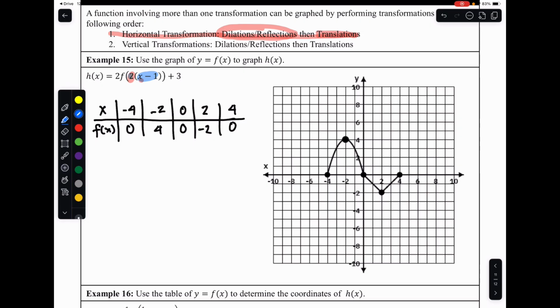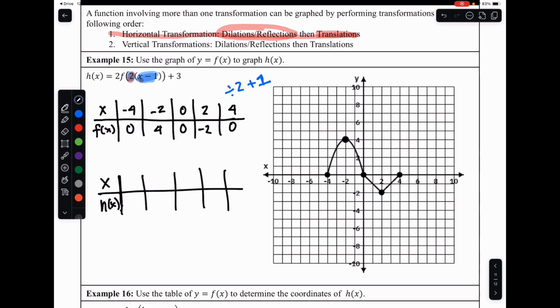We're going to divide all of the x values by 2, and instead of subtracting 1 from the x value, we're going to add 1. So opposite operations. All of our x coordinates will be divided by 2, and then that answer will be increased by 1. We're going to do those two steps to create this new table for the x and y coordinates of h.